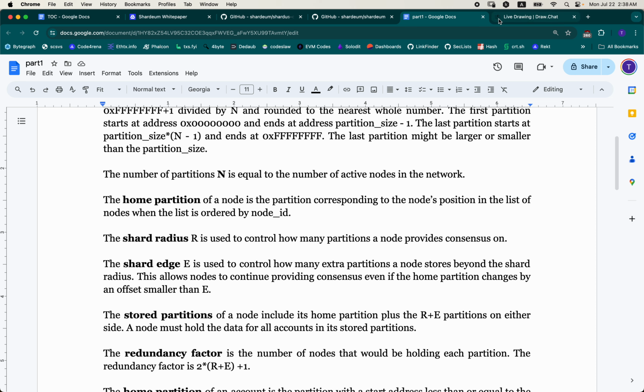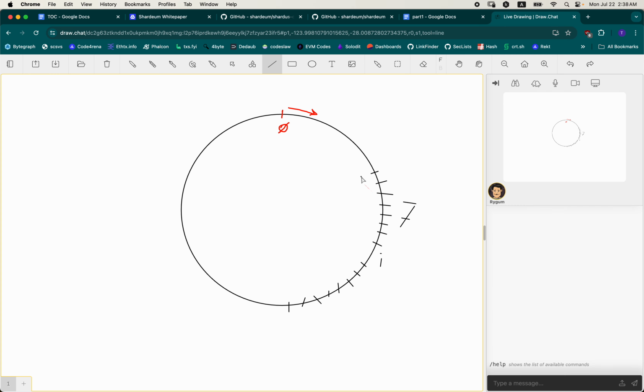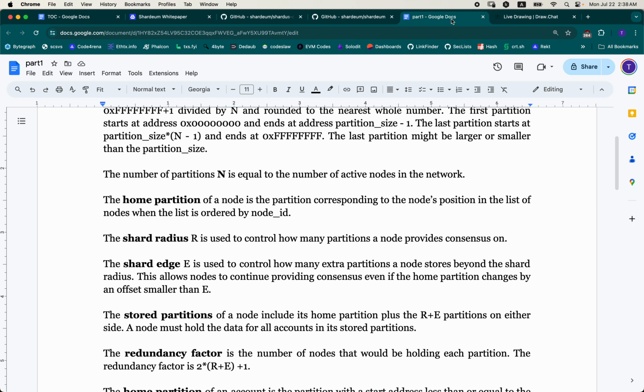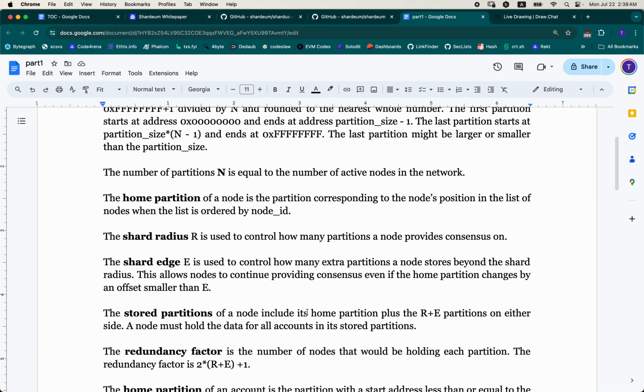Besides the shard radius, we have edge nodes. There are some nodes at the end of the shard on both sides, which are used to store data.